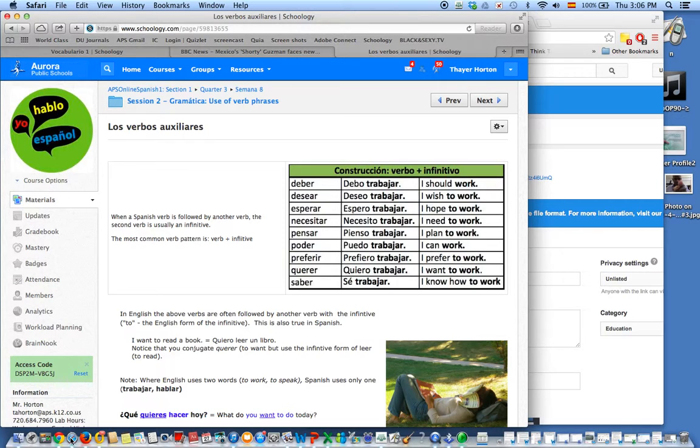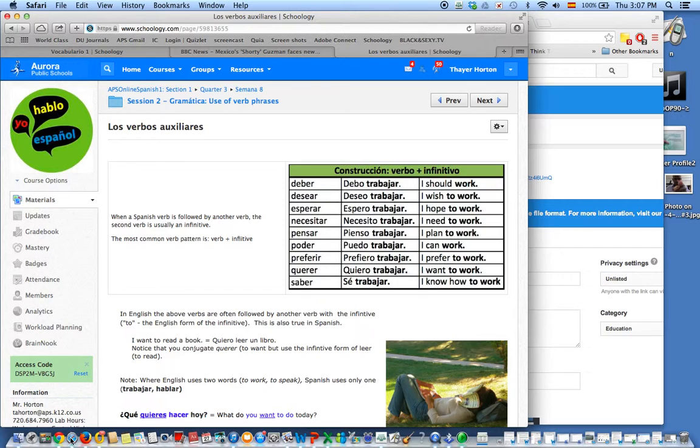In English, the infinitive of verbs would be like to work, to study, or to like. Anytime we have to in front of the word, that's our infinitive in English. When I say to work, I don't know who's doing the action or when it's happening.